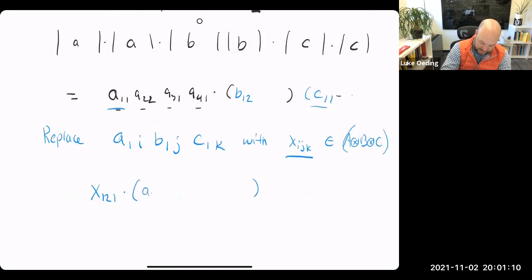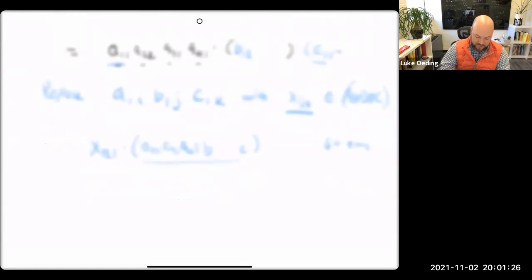And in this case, it would be A22, A31, A41, B something else, and C something else. We have many other terms. In this case, I think I still have 64 terms. But now some of the A's or B's and C's have been replaced with X's.